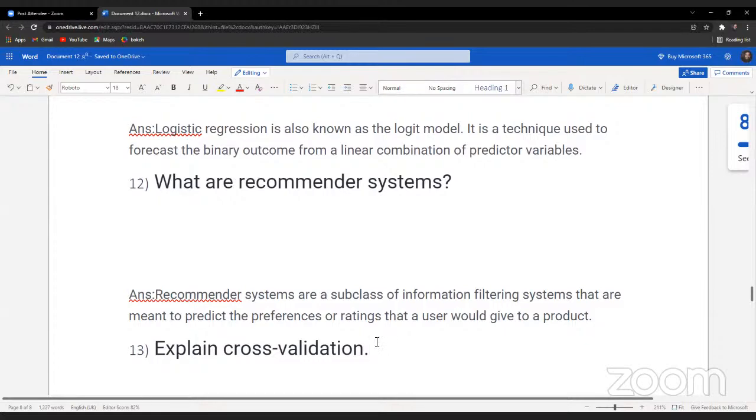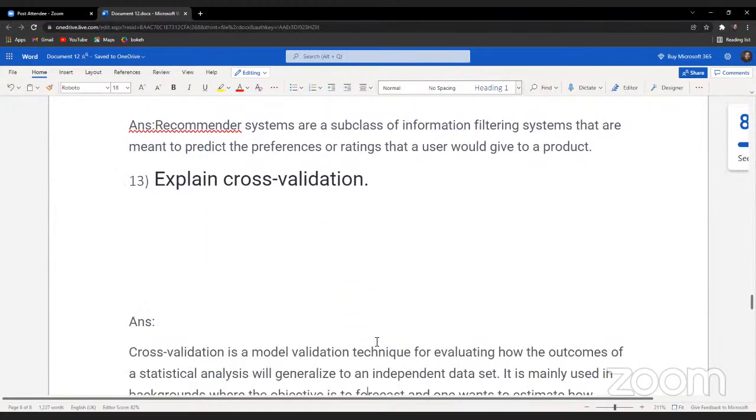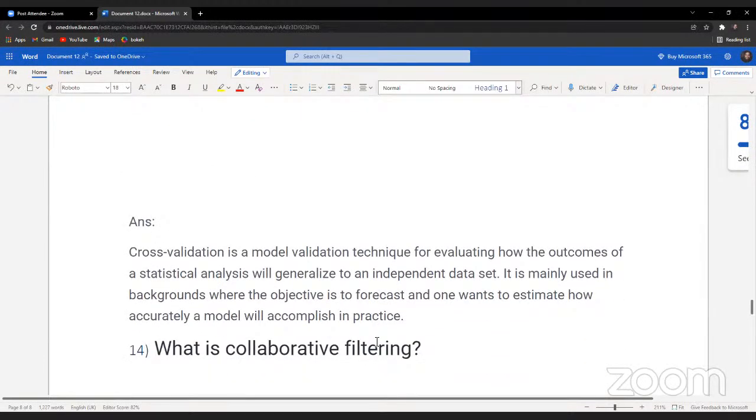Now, as we're looking into this, explain cross validation. Cross validation, what is it exactly? Basically, it is a model validation technique. It's used for evaluating how the outcomes of a statistical analysis will generalize to an independent data set.